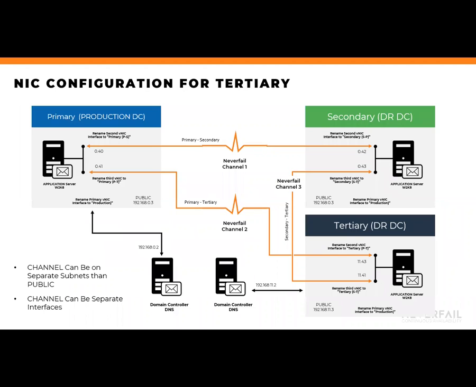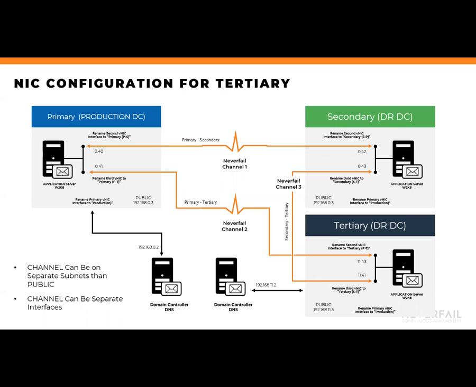So the networking for a tertiary is a little bit different, right? With a pair configuration and either HA or DR, you only need one set of IP addresses for the channel. With tertiary, you need two sets of IP addresses. So you're going to have an IP address that goes from primary to secondary, secondary to tertiary, and then tertiary to primary.